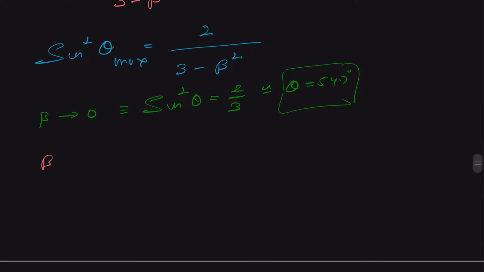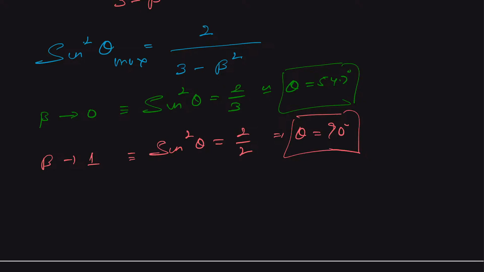Then we have beta tends to 1. We get sine squared theta equal to 2 divided by 2, giving us theta equal to 90 degrees. So this was our condition that the horizontal component of the force will be maximum, and these two were the limits part. Next question.